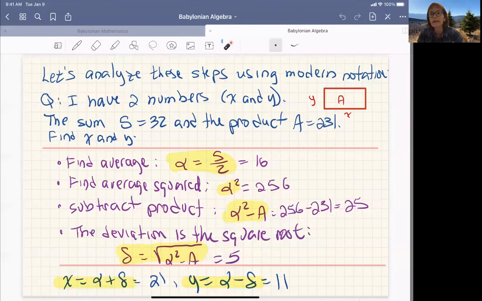So alpha squared minus capital A. The deviation from the average is the square root of that. So it's the square root of alpha squared minus A. And alpha squared minus A was 25, so it's 5. And then the larger of the two numbers was the average plus the deviation from the mean. The smaller of the two numbers is the average minus the deviation from the mean.